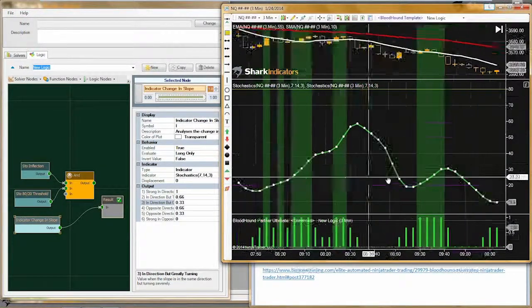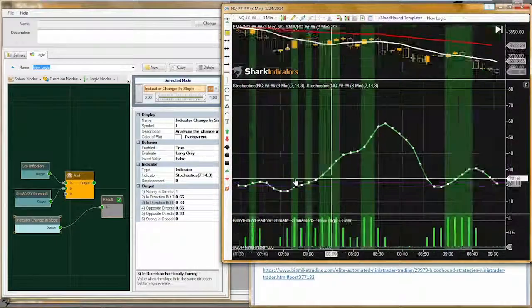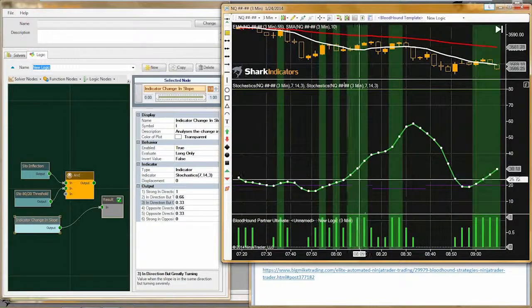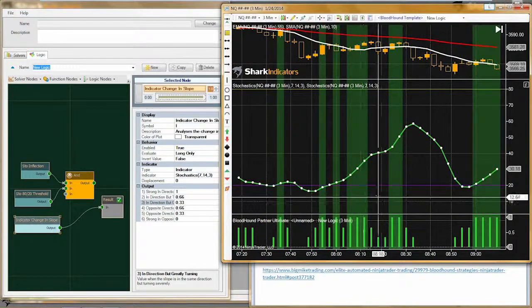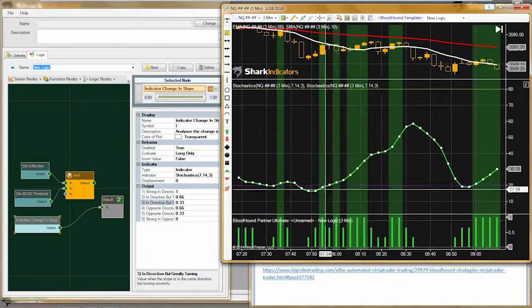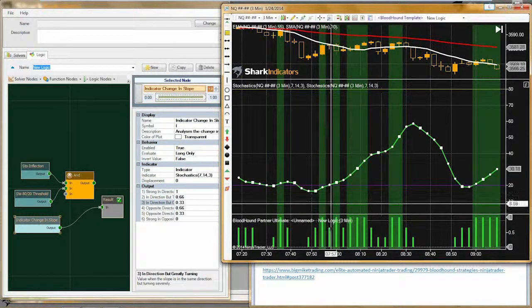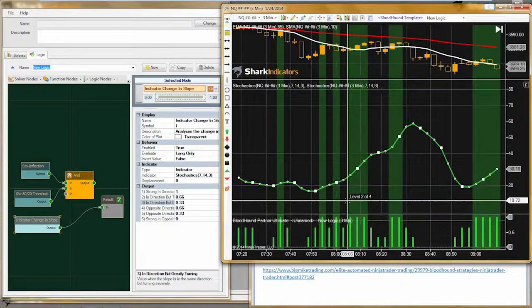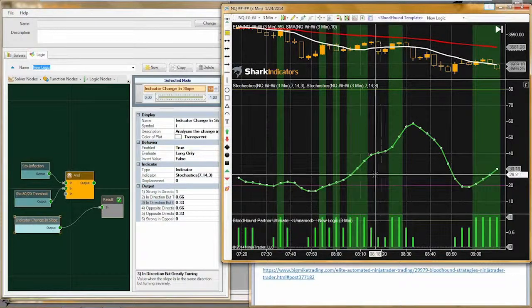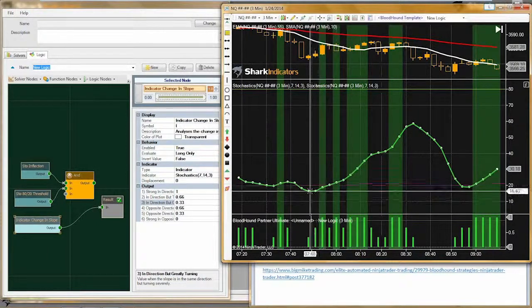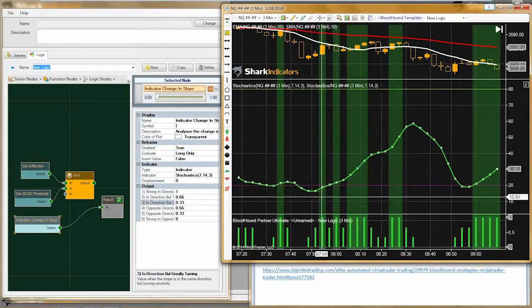And so let me back up here. Yep. So here's a good point. And I'm going to put the green line on top. I think hopefully that makes it a little easier to see the angle. And so we can see here we get a lot of choppiness, right?